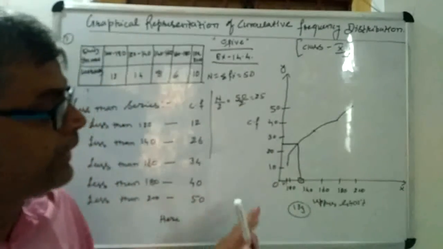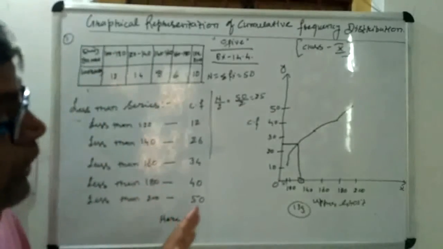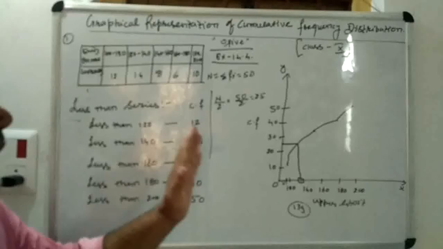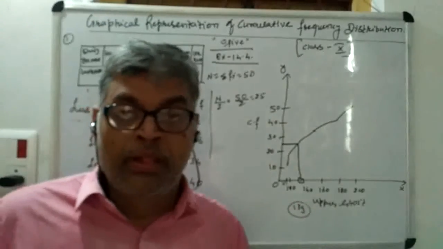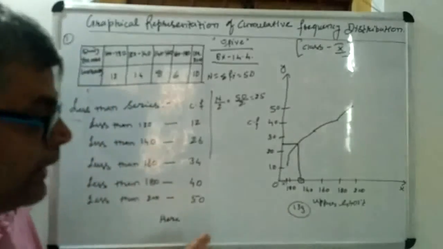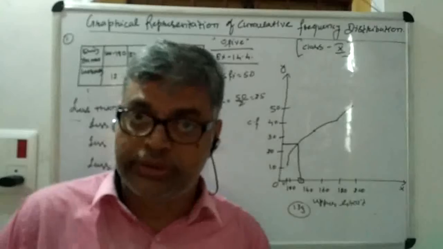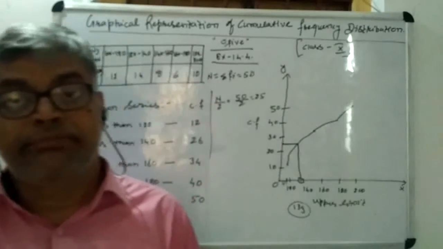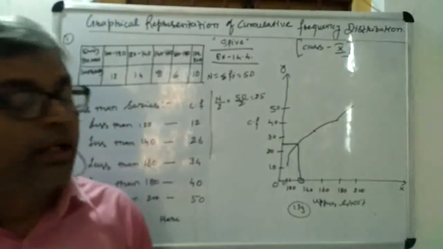So in this way, children, by drawing the ogive, you can find the median of the data also. So this is the method of finding the ogive, and the ogive is drawn on graph paper only, then it will be accurate.